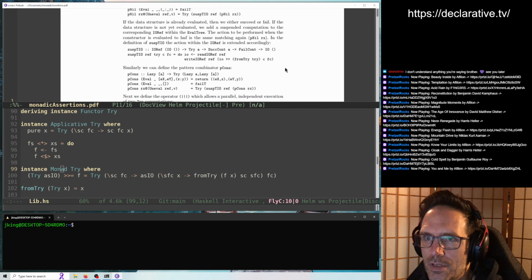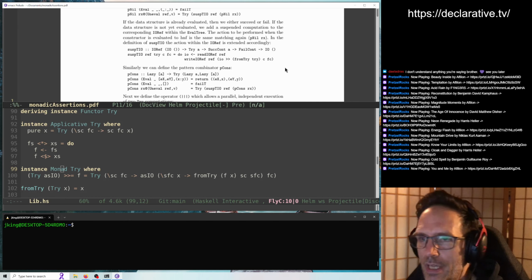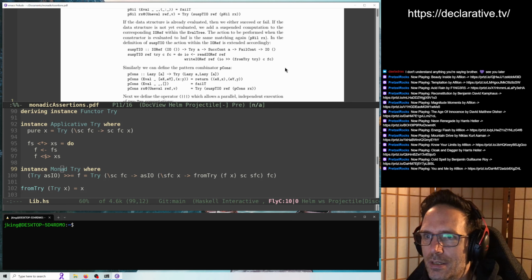In the definition of susp TIO, the action within the IO ref is extended. Okay, so in this definition, they do this thing called extending. We're supposed to extend the IO ref. Right, so we read out that IO ref. We're in an IO context, so we can do that.